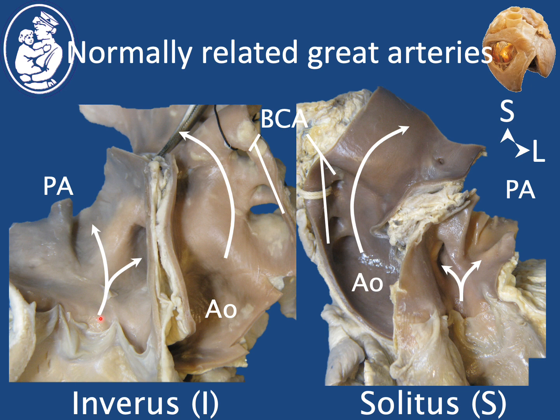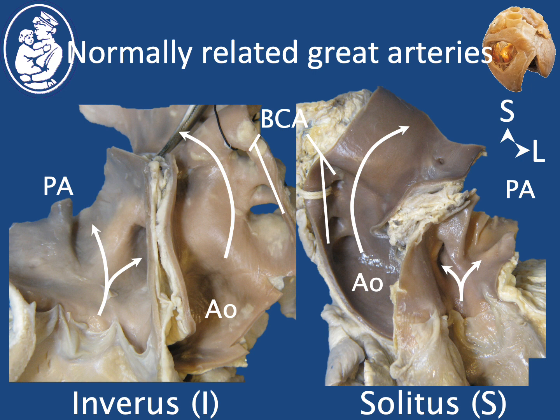Similarly, the pulmonary artery is anterior and to the right, just the opposite of what we saw in situs solitus normally related great arteries. The short pulmonary trunk ends in the pulmonary bifurcation into a left branch pulmonary artery and a right branch.